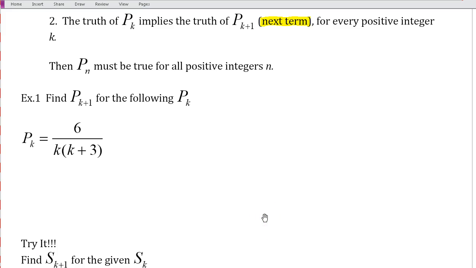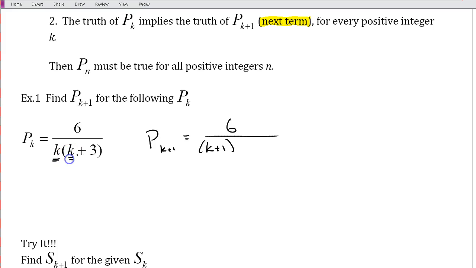So for example 1, really all we're doing is, if I'm given P sub k, what is P sub k plus 1? So for P sub k plus 1, we're literally just going to plug in k plus 1 for all of our variables. So we're going to have 6 over, I have a variable here, I'm going to put in k plus 1 for that.